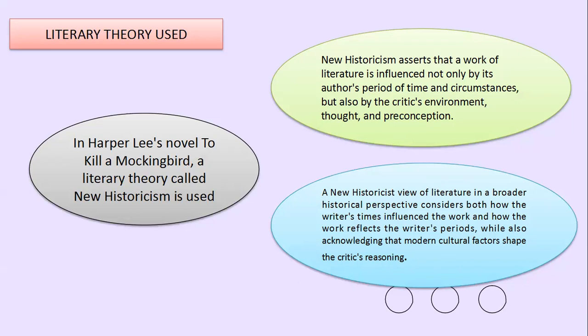A new historicist's view of literature in a broader historical perspective considers both how the writer's times influence the work and how the work reflects the writer's period, while also acknowledging that modern cultural factors shape the critic's reasoning.